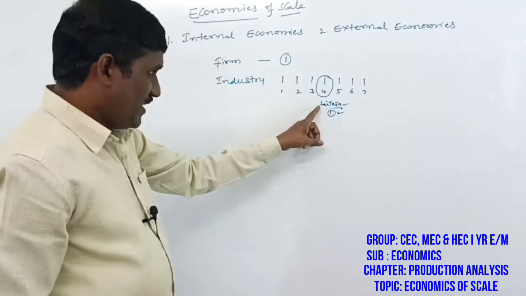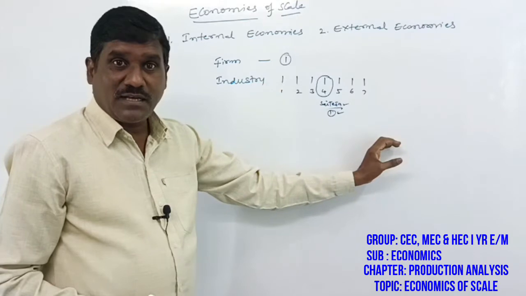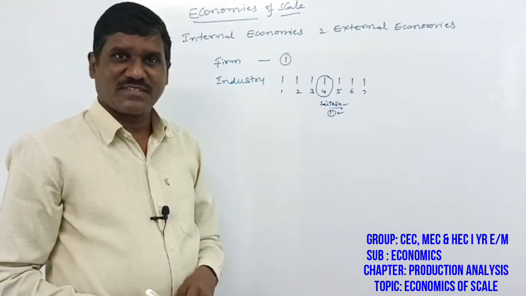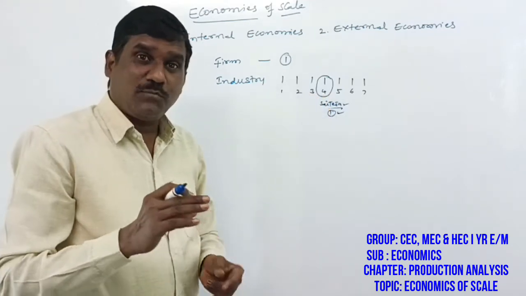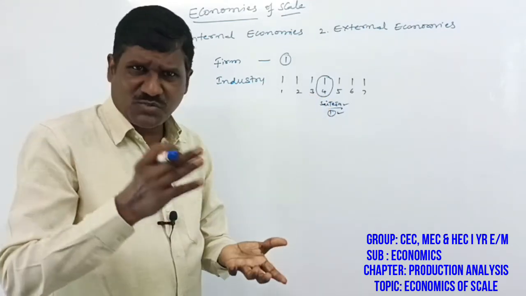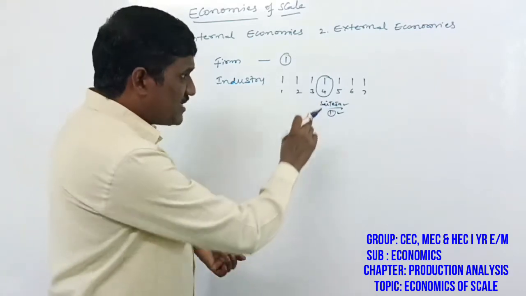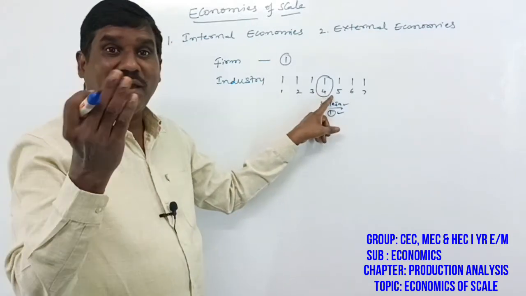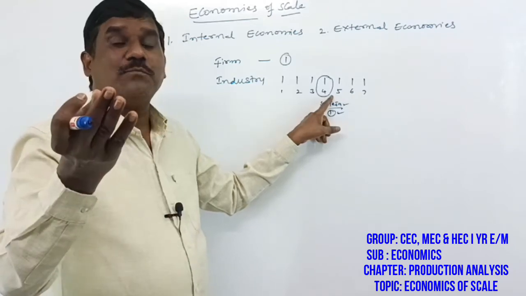Among the total students of the class, Sai Teja is getting more marks. Can all the students get more marks? No, only Sai Teja can get good marks in the examination. Why? Because the single one expands, the single one increases, the single one gets more marks.